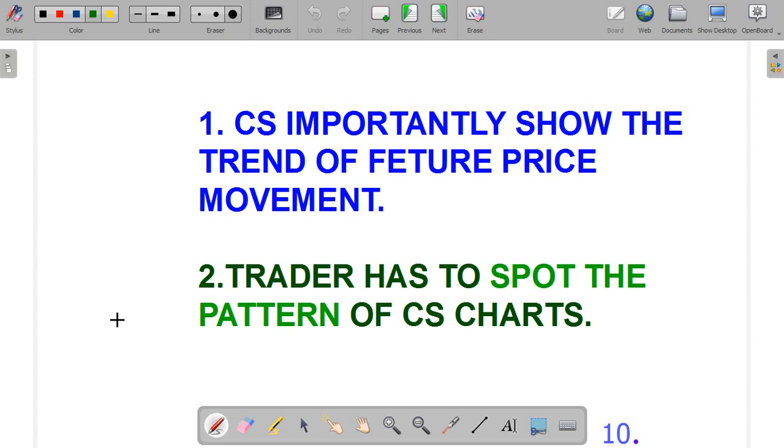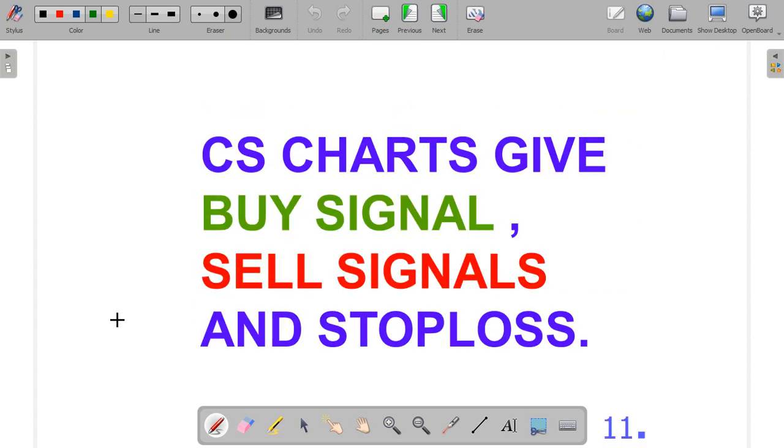Friends, you know, the only thing in the share market is where the price will go, and this is what candlestick charts will tell you. A trader has to spot the patterns in the candlestick charts. Candlestick charts will also give you buy signal, they give you sell signal, and also they give the stop loss fairly accurate.